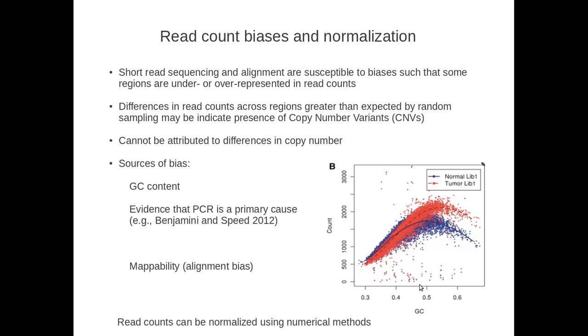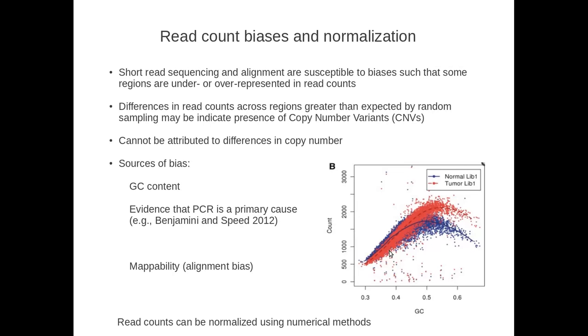So this is an example here of read counts on this axis in bin regions of the genome that have different GC content. So this is the proportion of the nucleotide bases that are G or C. Okay, so here's 50%. Much of the human genome is centered around 40 to 50% GC content. But what you can see is that at both extremes, high GC content and low GC content, or the AT-rich fraction of the genome, you see significant biases in read depth.